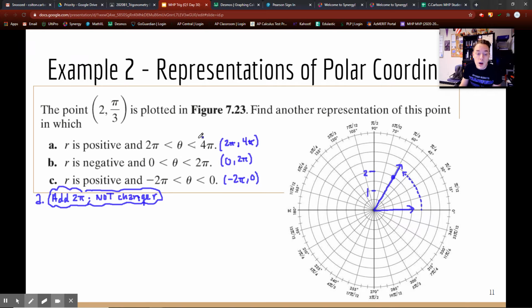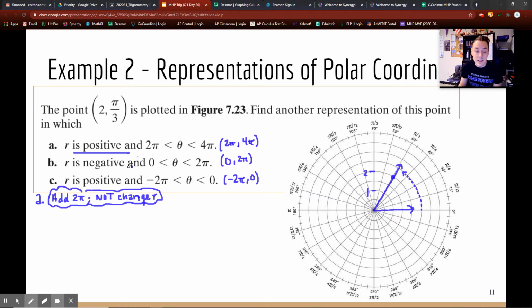It depends on what they want as the interval. Now, it just so happens that this A, between this interval, 2 pi to 4 pi, where R is positive, lines up with the A of the previous slide. Okay, it just so happened to be like that. But on Math Excel, I'm warning you, it's not always like that. Okay, so you have to pay attention to the interval.